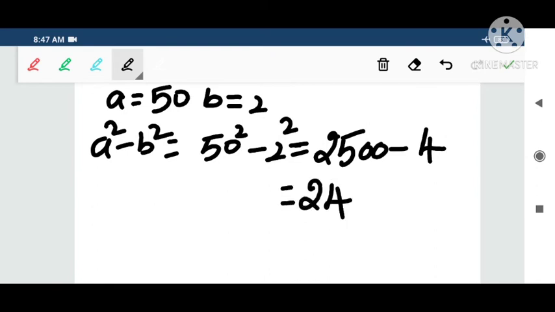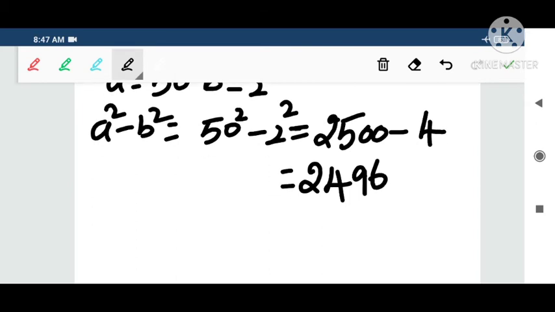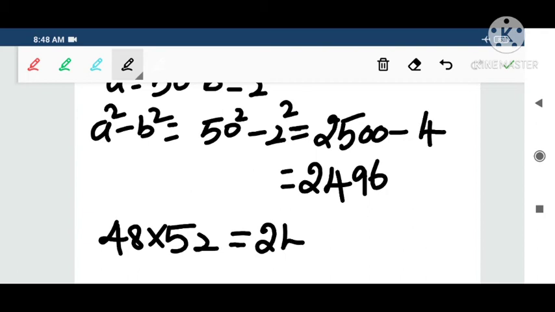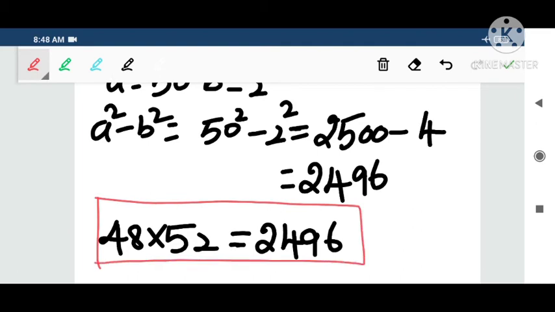If you multiply 48 into 52, you get 2496. But here, without actual multiplication, by using identities, we found the value. So the final solution of the given question is 2496.